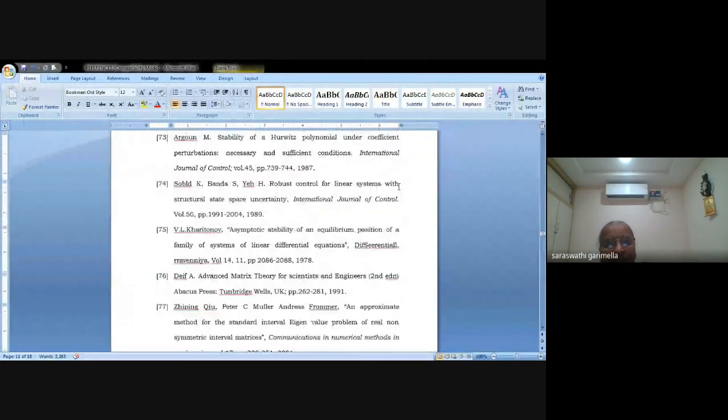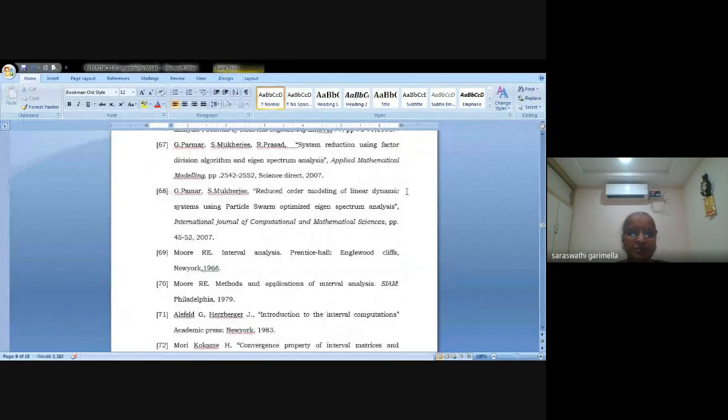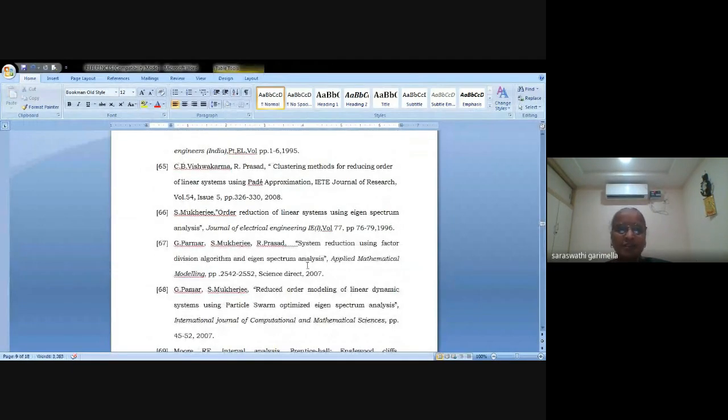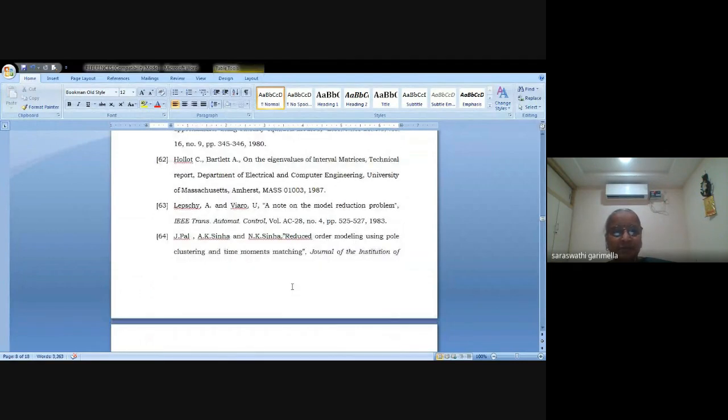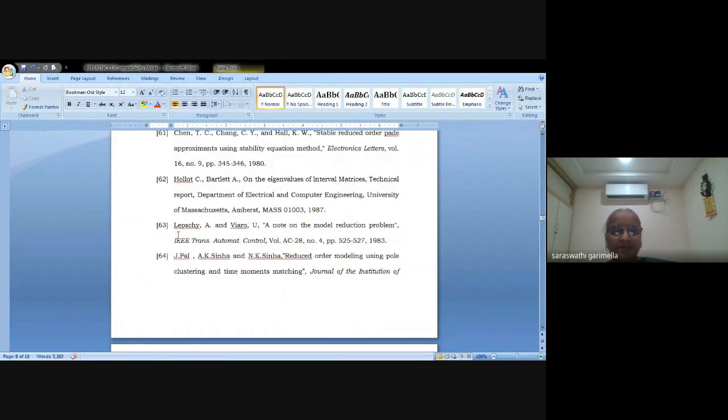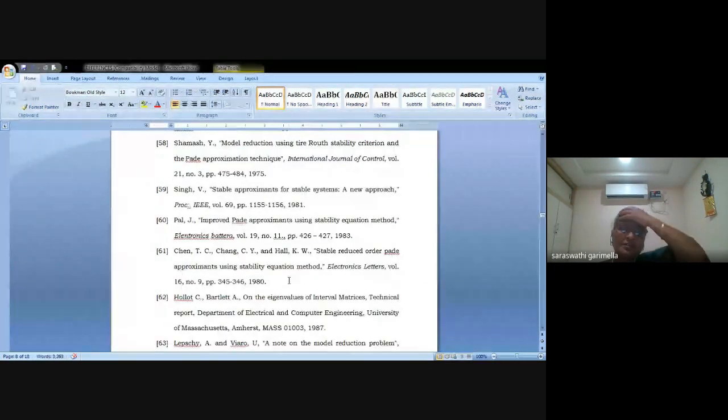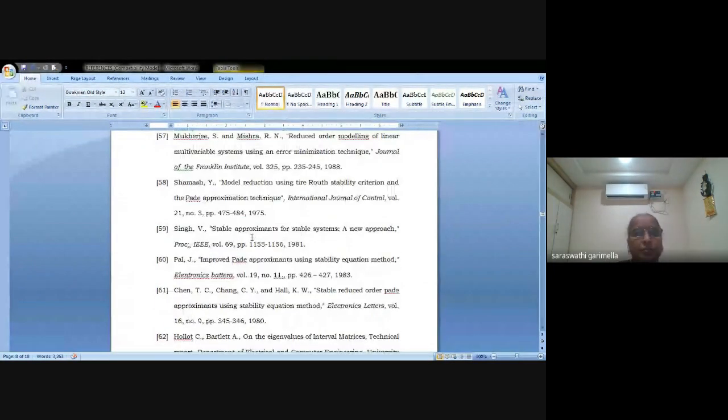Because I did work for interval systems and all, that's why I wanted to avoid something, because these are the problems. I took some of the problems, and this Lefty wire also, because our Indians did a lot of work on this order reduction.